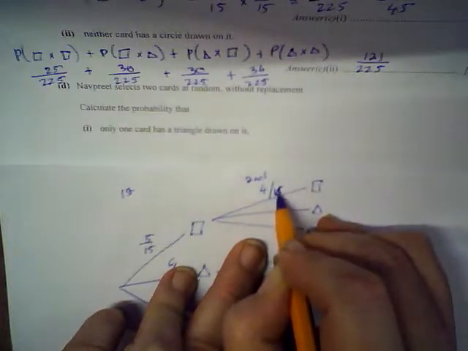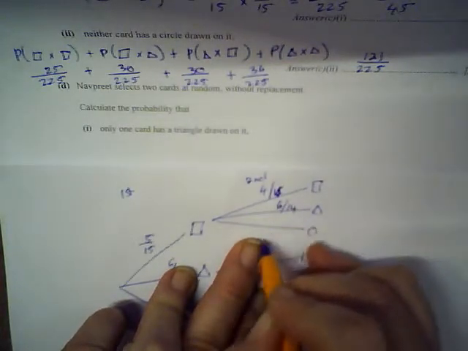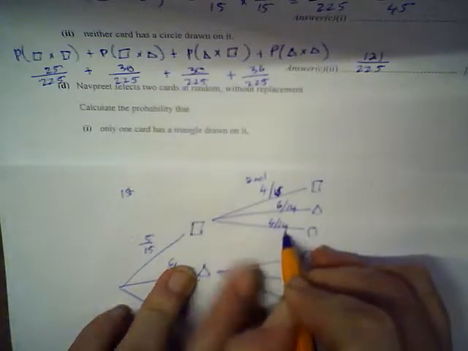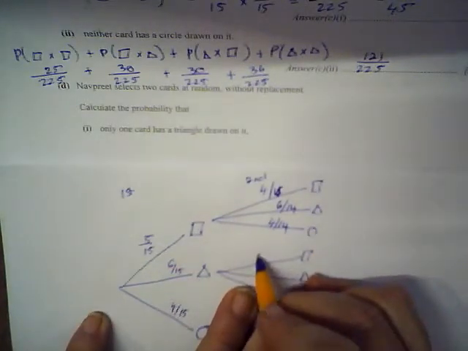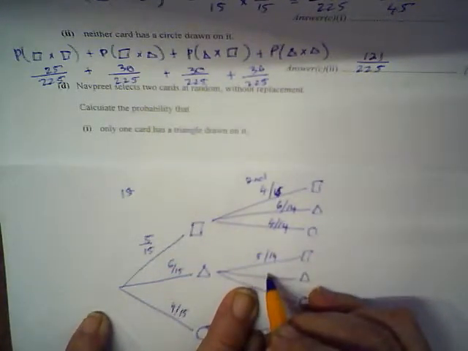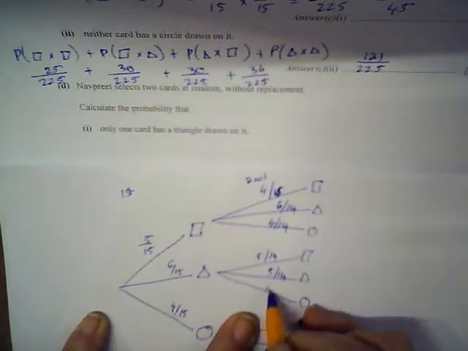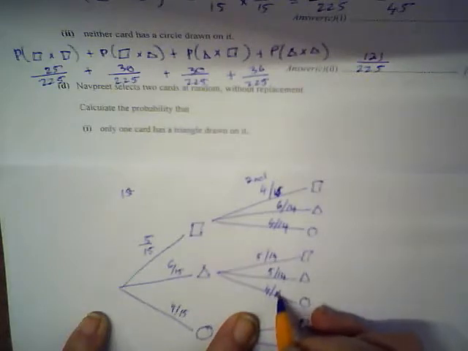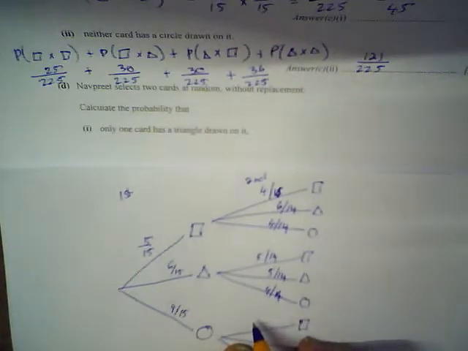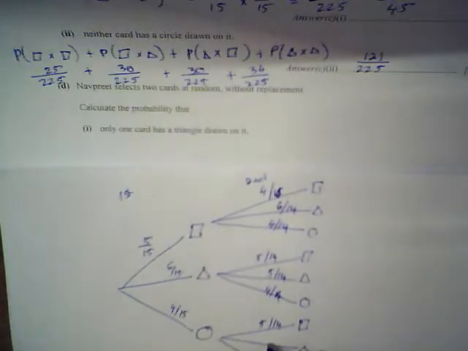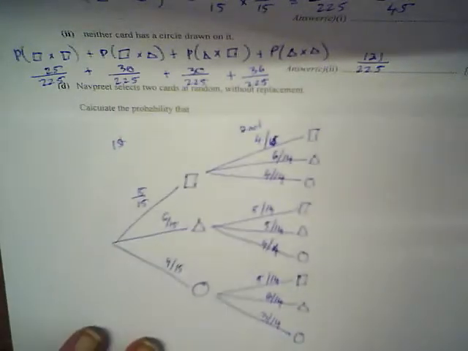Okay, 6 over 14, 4 over 14, that would be 5 over 14, 5 over 14, 4 over 14, so that would give me 5 over 14, 6 over 14, and 3 over 14. Okay, so there's the tree diagram that I will use.